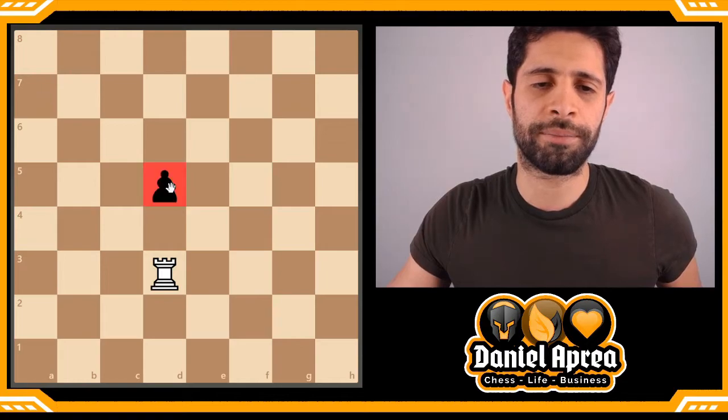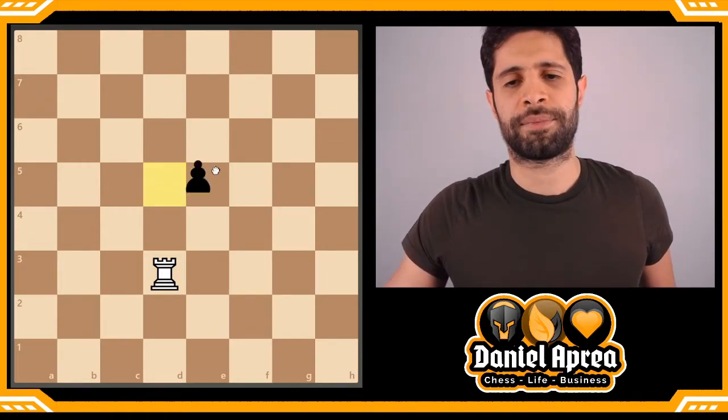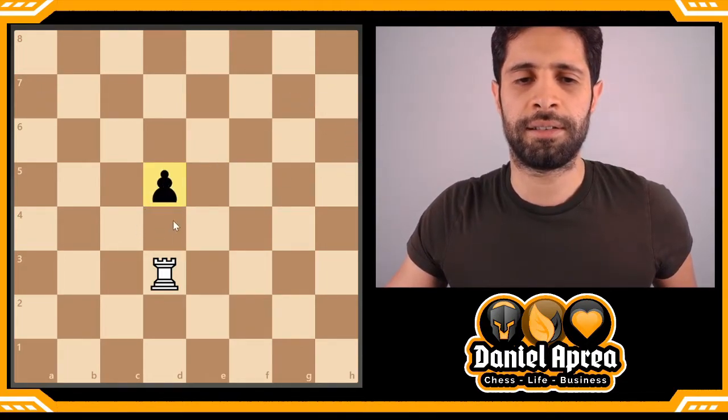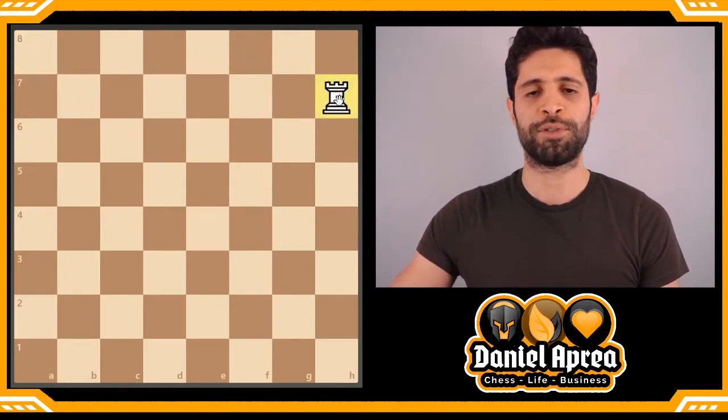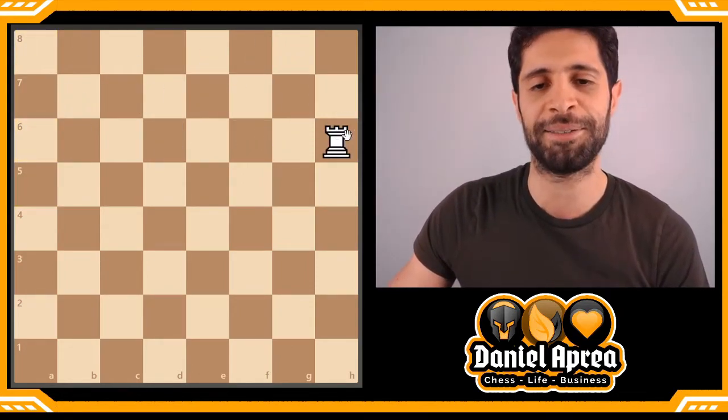So the rook can move in a very natural way, so it's very easy to foresee rook movements, much easier than knight movements, I would say.